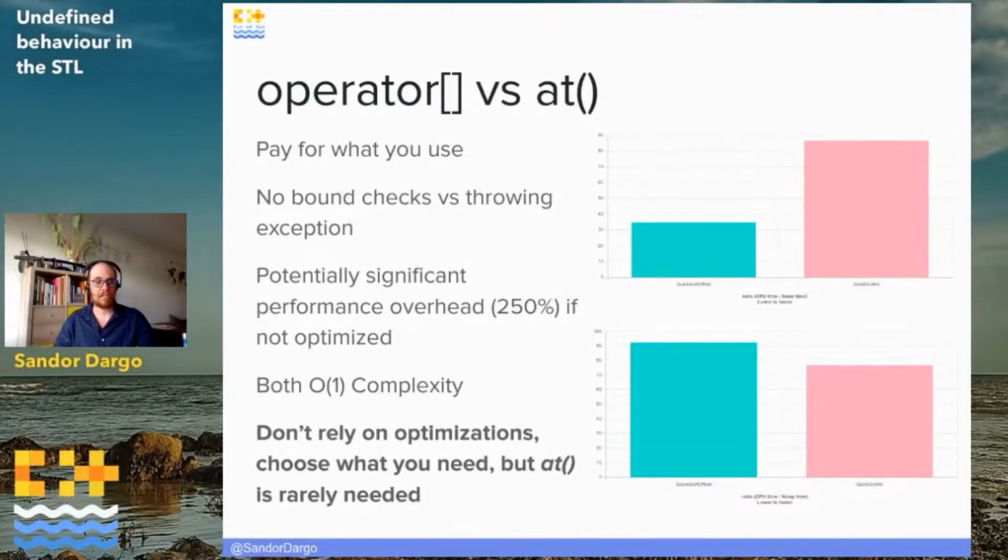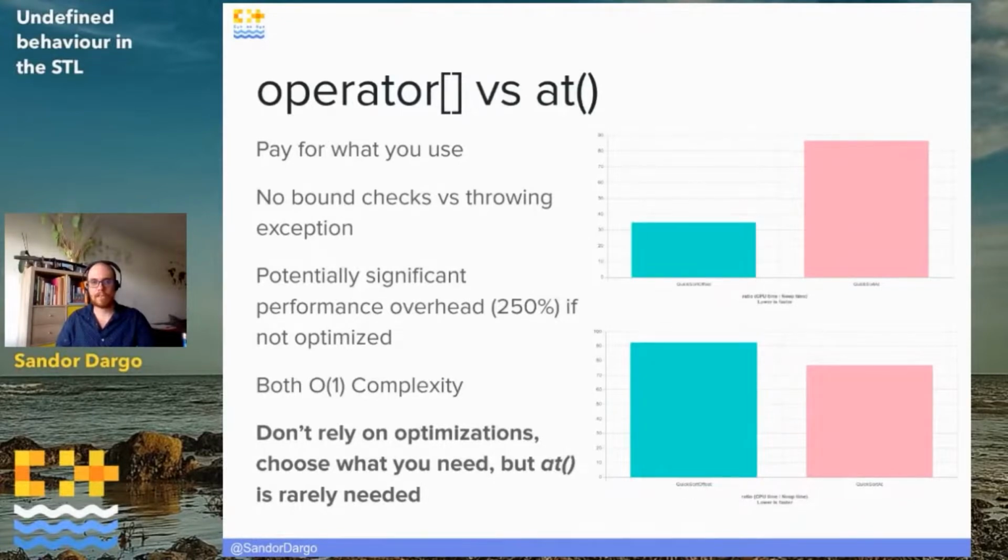And it's something really interesting because there are not a lot of exceptions in the STL. In fact, apart from some memory allocation exceptions, I couldn't find anything other than this out-of-range exception that is thrown by at. So it's something really special, and it can have serious performance overhead.